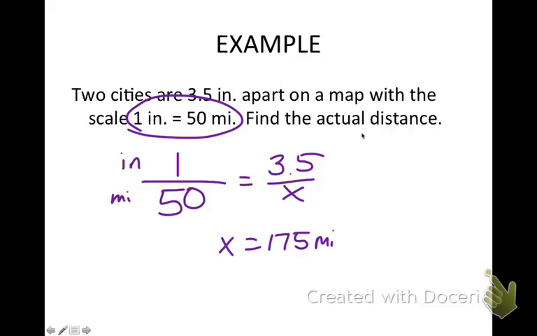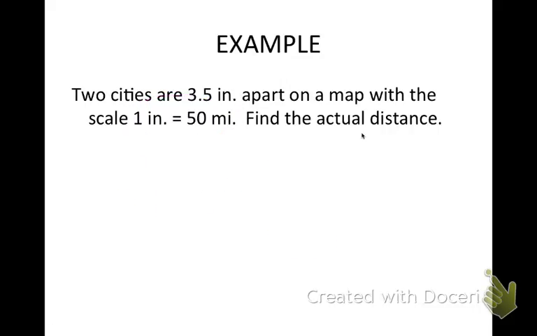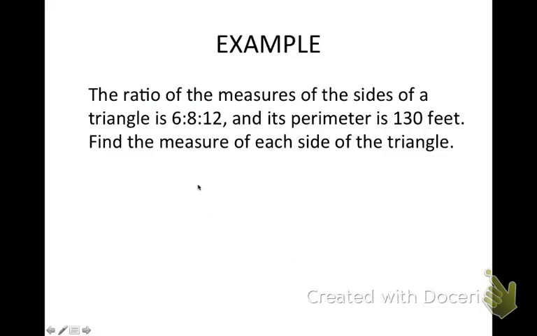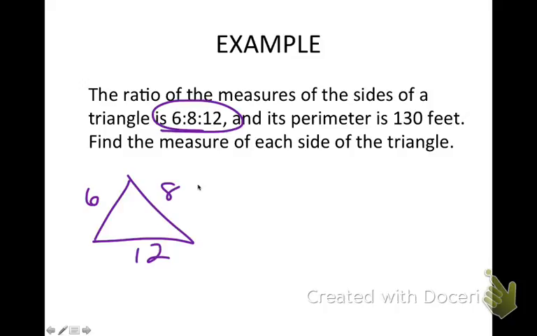And the last type of problem that you're going to see on your homework, we're not going to get to geometric mean today, is the next problem. Given an extended proportion, now we have a triangle whose side lengths are 6, 8, and 12.